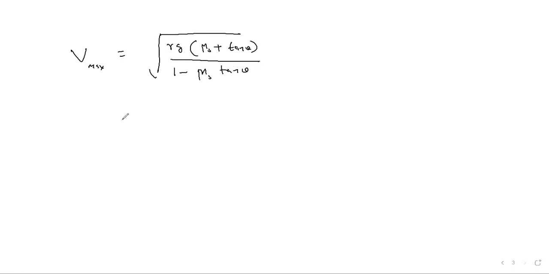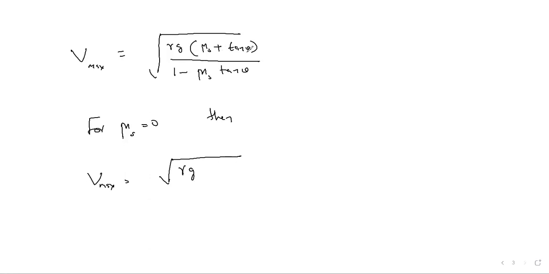For mu s equal to 0, that is, if the static friction coefficient is equal to 0, then v maximum equals square root of rg into, mu s is 0, right?